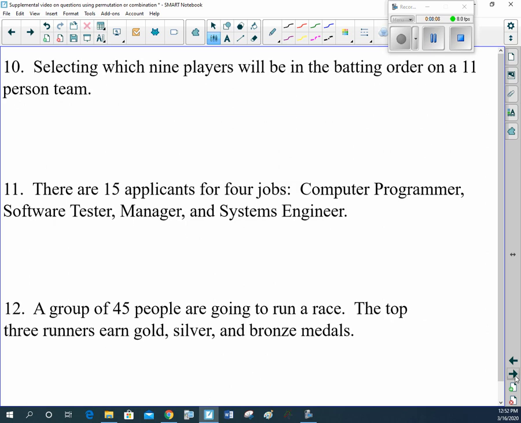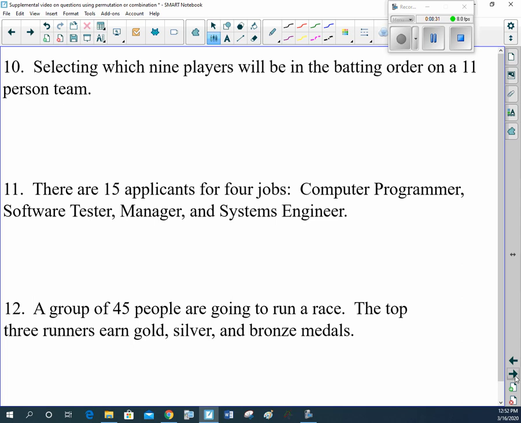Okay, this one says selecting which 9 players will be in the batting order on an 11-person team. This one is a combination. The one we did earlier was a permutation because we were actually batting those players. They needed to have the order. This one is just like saying there's 11 people and we need to pick 9.